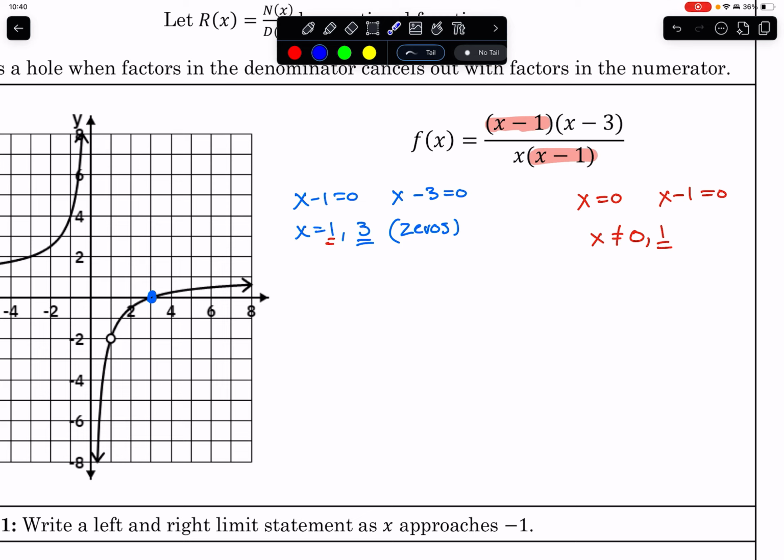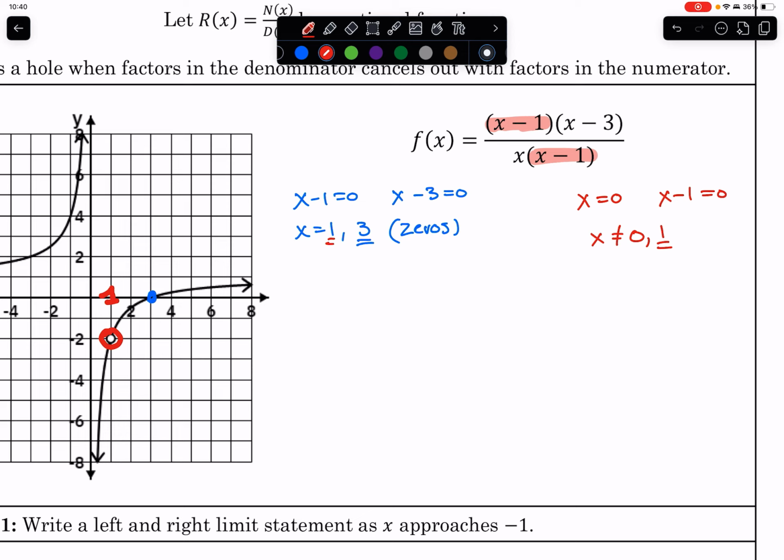So in this situation, we end up with a hole in that location, as you see right here, at x equals positive 1. We have a hole in the graph of this function right there. So the hole is the result of having a common factor in the numerator and the denominator every single time.